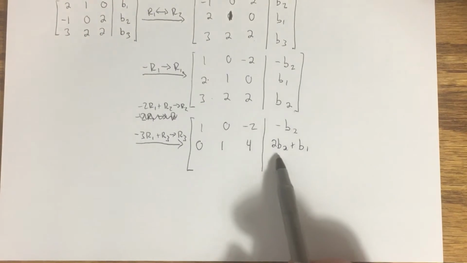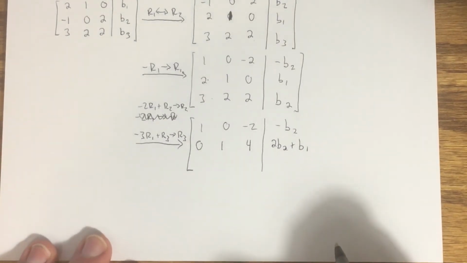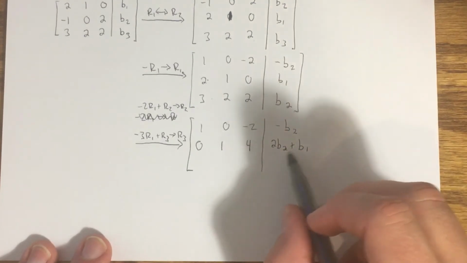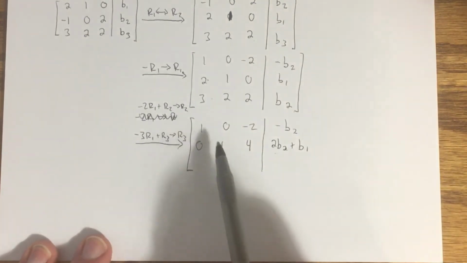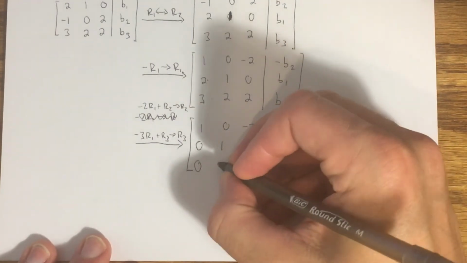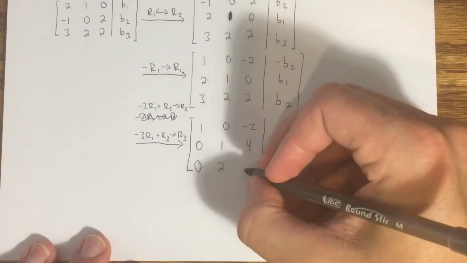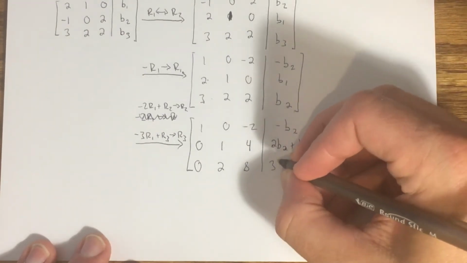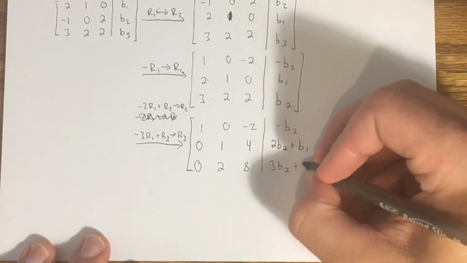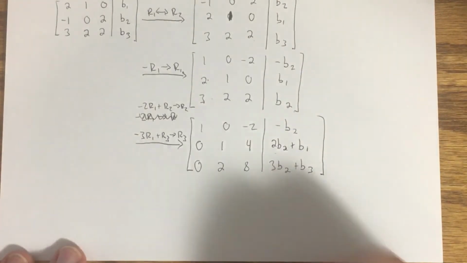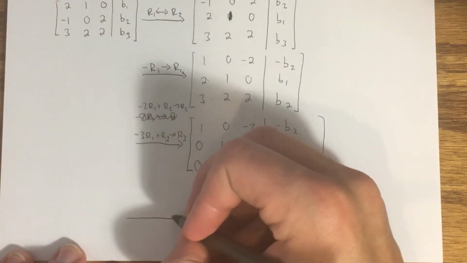So you notice now the constants are starting to look like linear expressions in those unknowns, B1, B2, and B3. Multiplying my top row by negative 3 and adding down, I'm going to get 0, 2, 8, and then 3B2 plus B3.